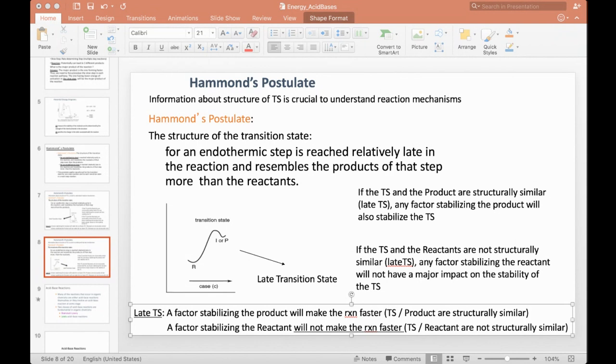So if you have a solvent that solvates the reactants better, that will make the reactant more stable. If you have a solvent that solvates the product better, that will make it more stable. Depending on which reaction pathway you have, you might want to pick a solvent that will make your reaction faster. Does that make sense?